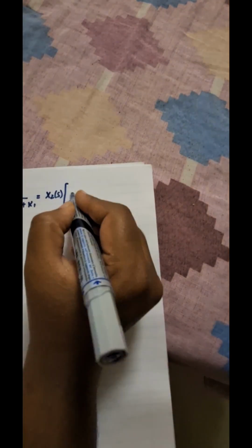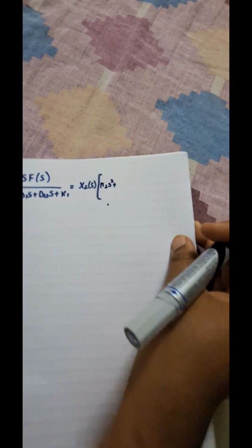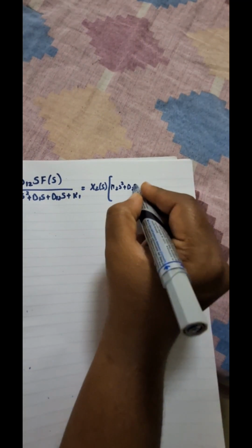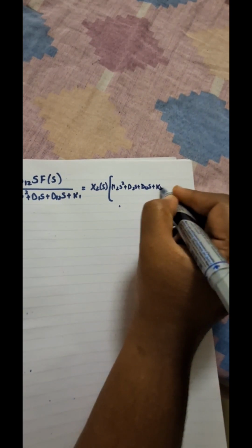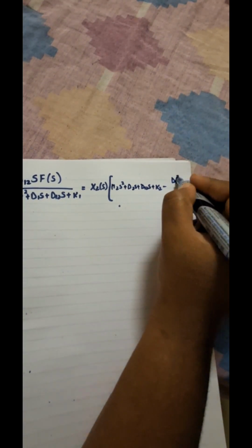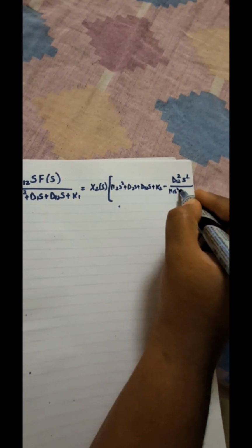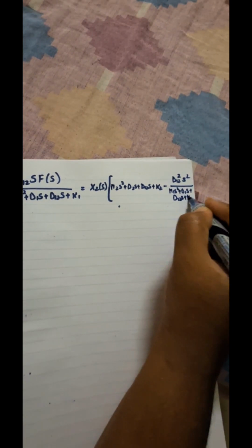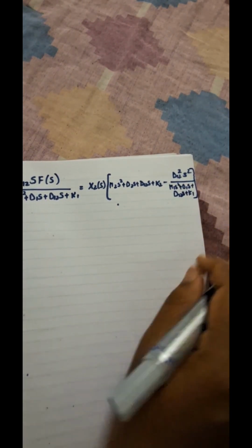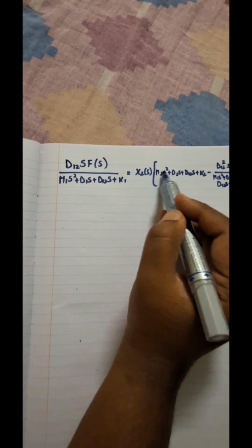So what is that? m2s square plus d2s plus d12s plus k2 minus d12 square s square by m1s square plus d1s plus d12s plus k1. Clear? Numerator by denominator, perfect. A minus b by c.